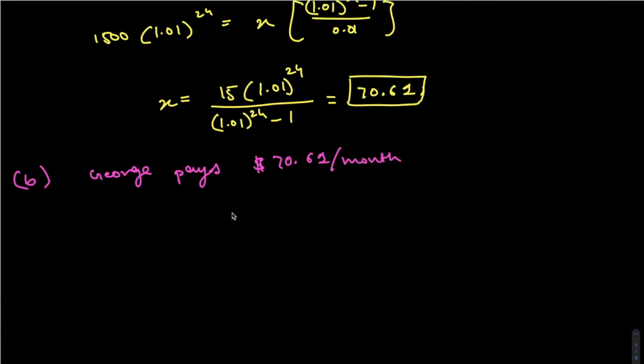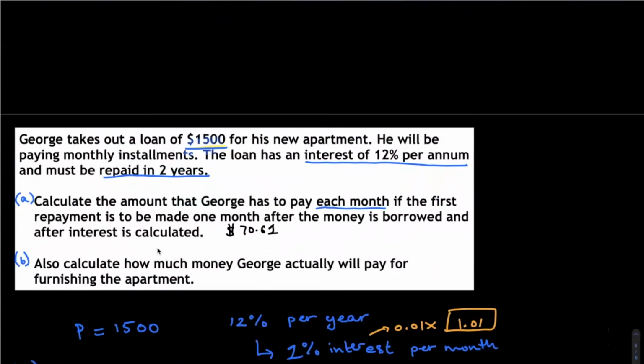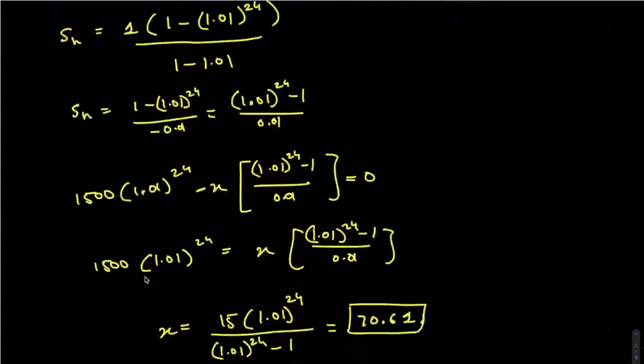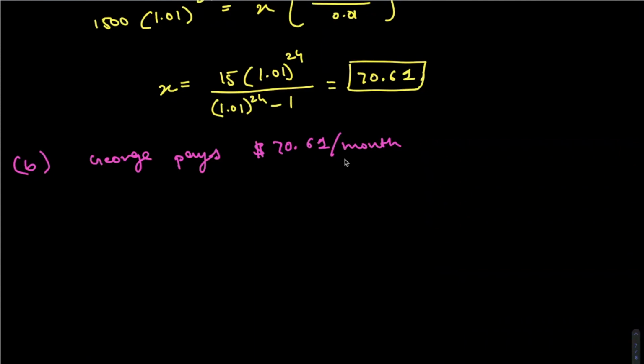Note that they're asking how much money George will actually pay for furnishing the apartment. George is paying this much money every month, and he's paying for 24 months.